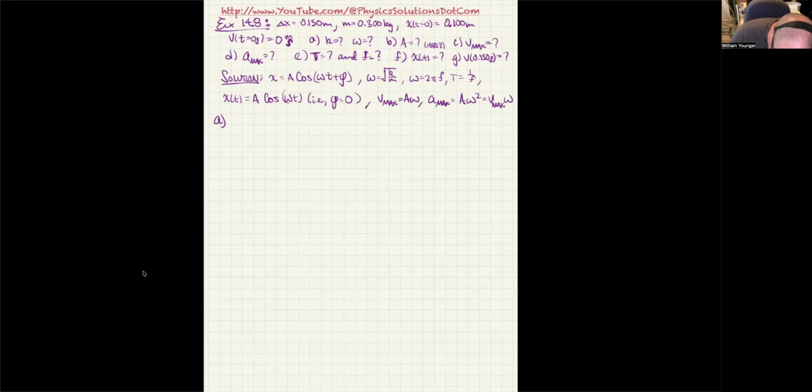So when we hung the mass, we found that mg is equal to k x. So with that in mind, we're going to say 0.300 kilograms times 9.80 meters per second squared is equal to k times the stretch, which is 0.150 meters.